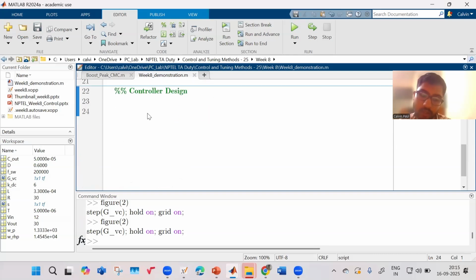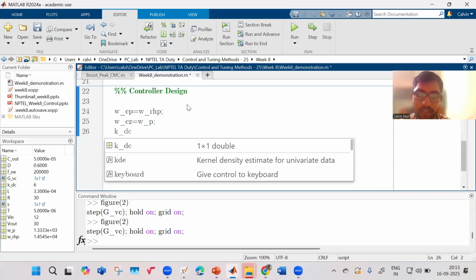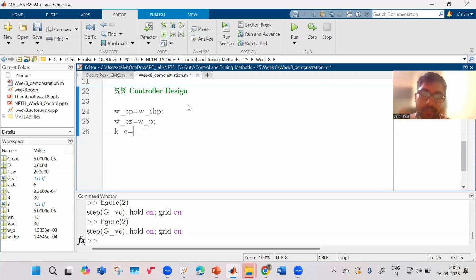Your controller pole will be at your omega RHP location. Your omega controller zero is at your plant pole location. And your KC we have to design. Let us take KC for the time being as 1.